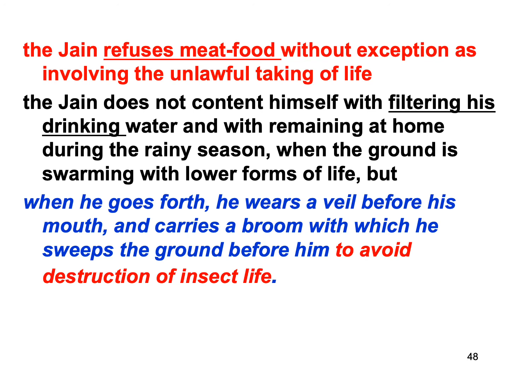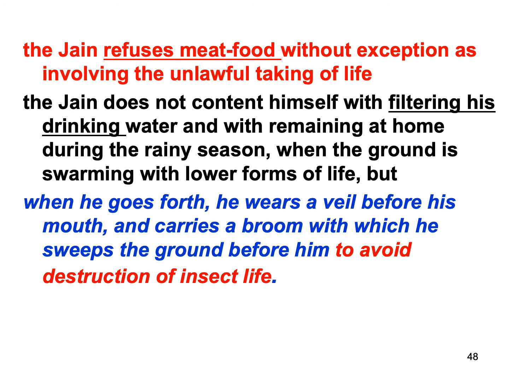The Jain does not content himself with filtering his drinking water and with remaining at home during the rainy season when the ground is swarming with lower forms of life like earthworms and insects.